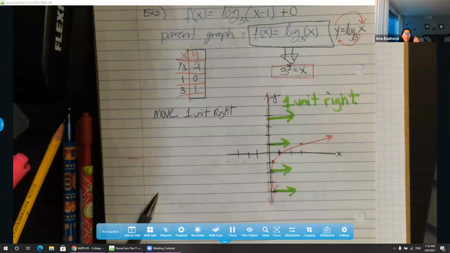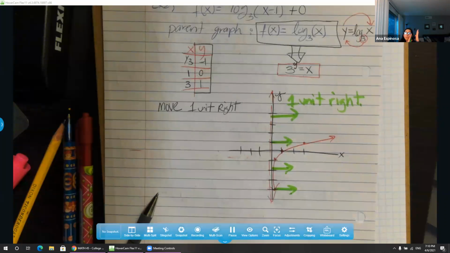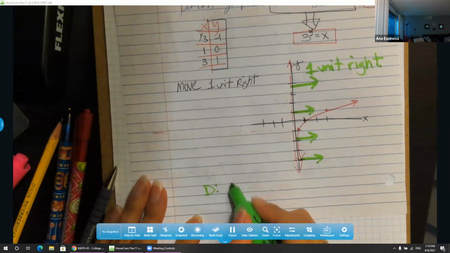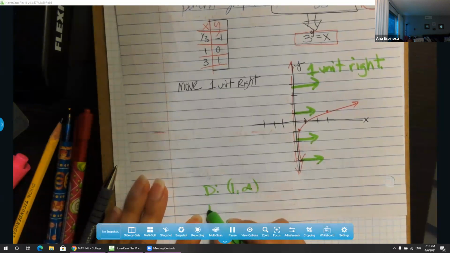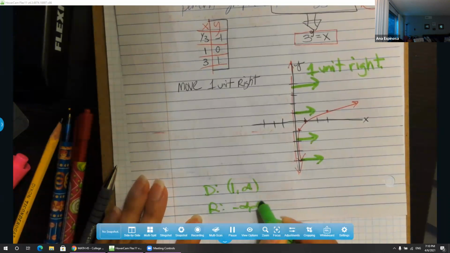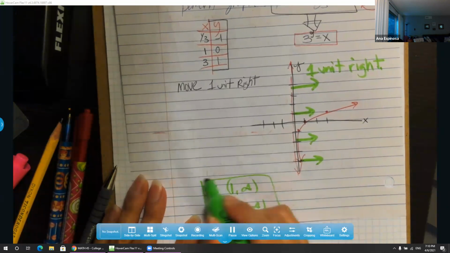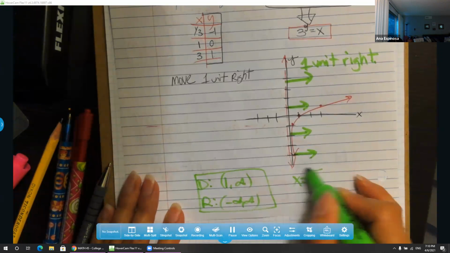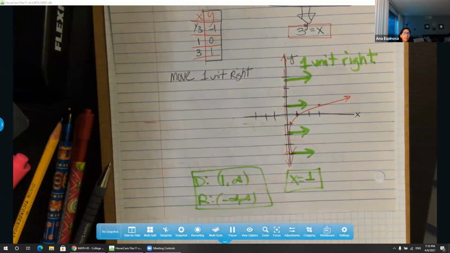That includes, as you can tell, look at the arrows, the asymptote. So then the domain, once you're done moving it, will be 1 to infinity, and the range will be -infinity to plus infinity. The asymptote should be x equals 1. Once you move everything 1 to the right, everything should now match the green.